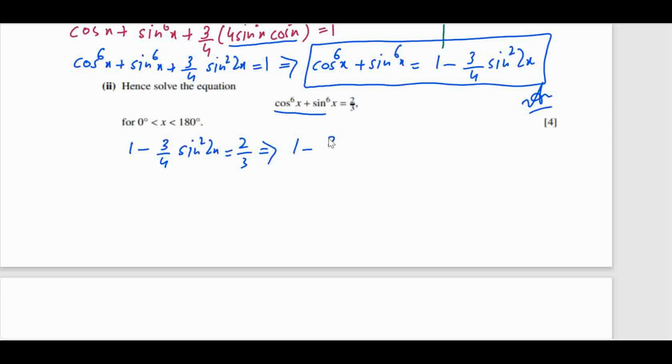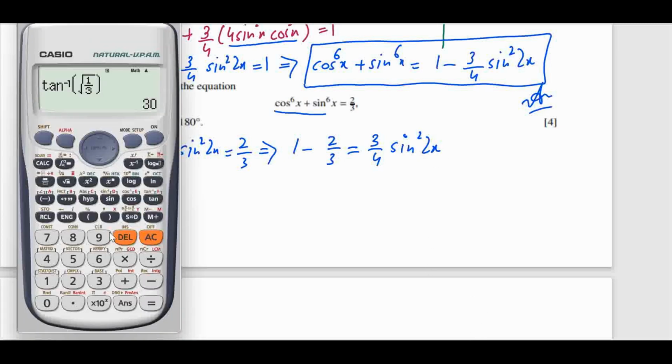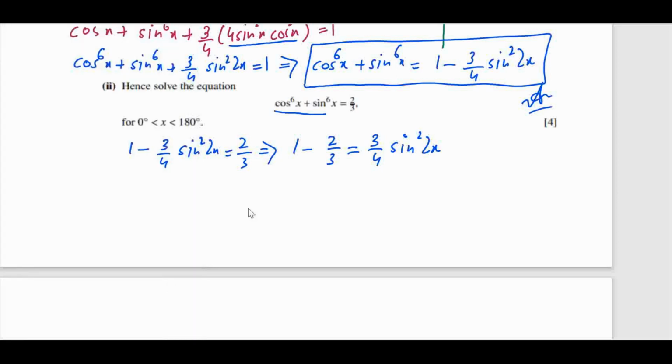So this will be 1 minus 2 by 3 is equal to 3 by 4 sine square of 2x. Now 1 minus 2 by 3 will be equal to 1 by 3. So we can write 3 by 4 sine square of 2x is equal to 1 by 3.